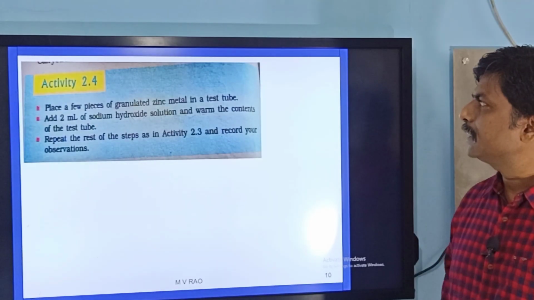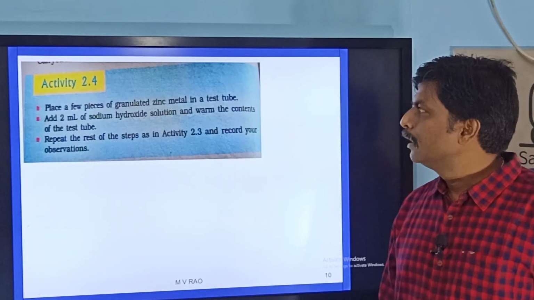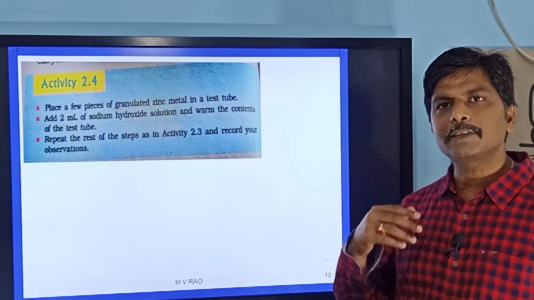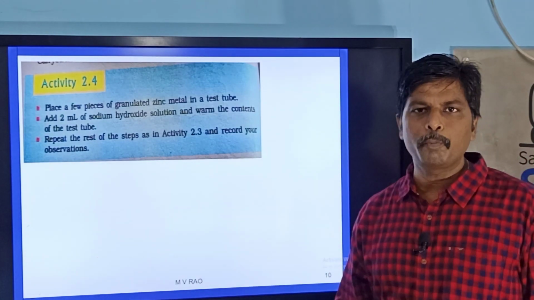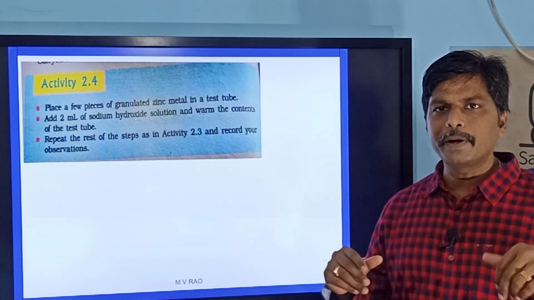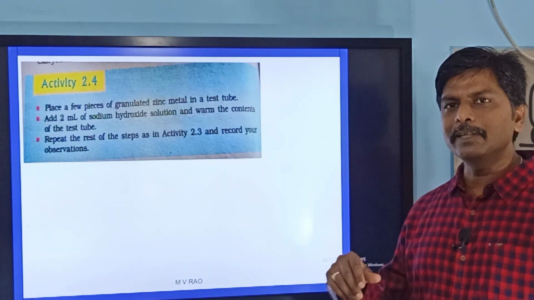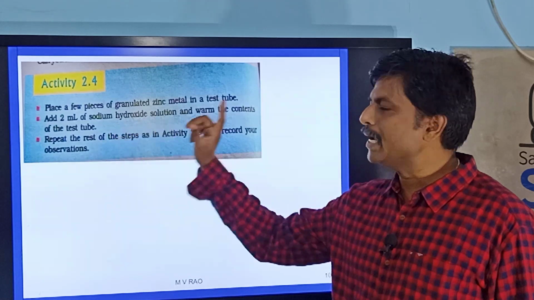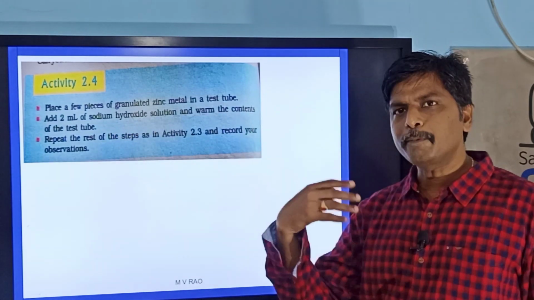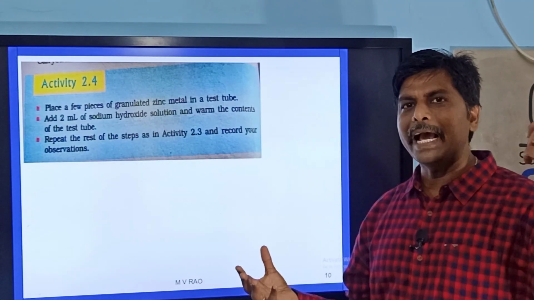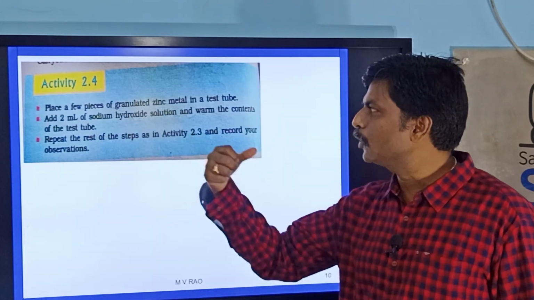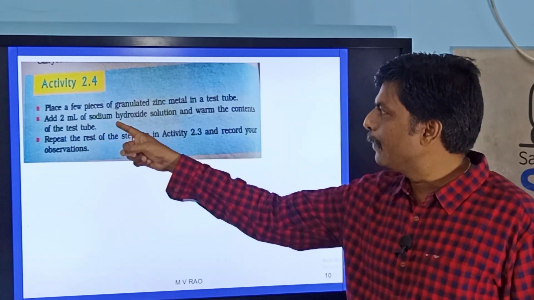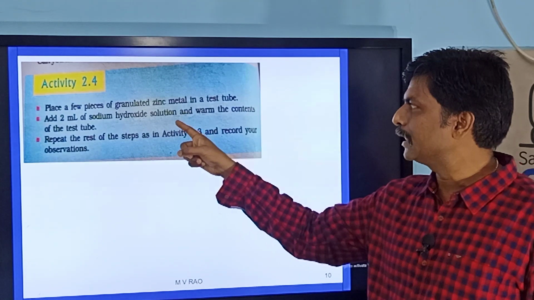Next activity is activity 2.4. This activity is also similar to the previous activity 2.3. What did you do in activity 2.3? Zinc granules and acid. Here, zinc granules and the base sodium hydroxide. The remaining procedure is the same. Instead of acid, you have to use a base solution.